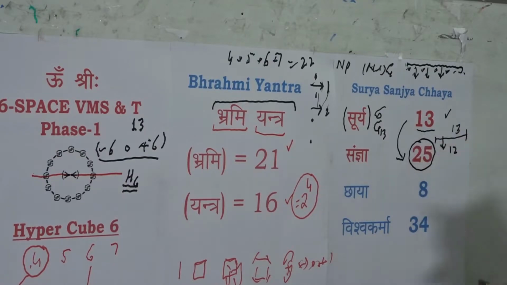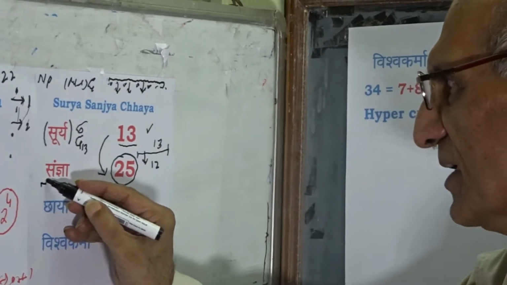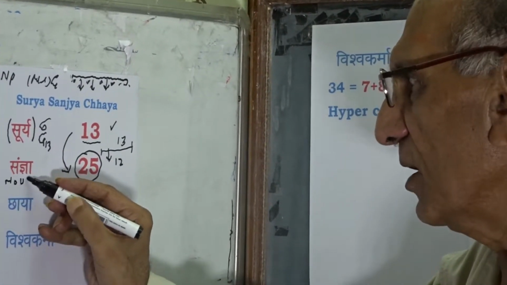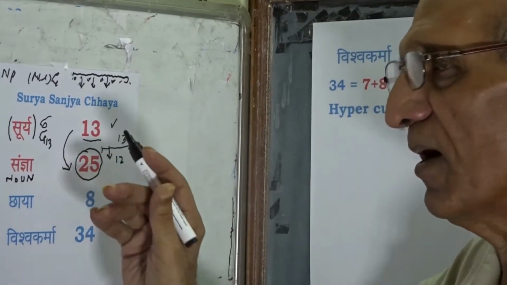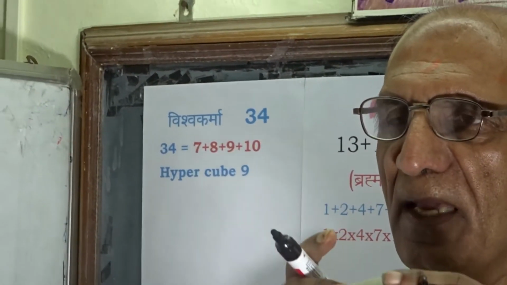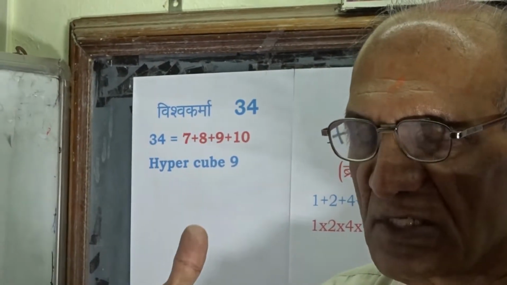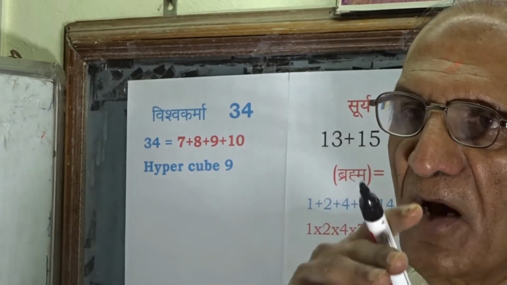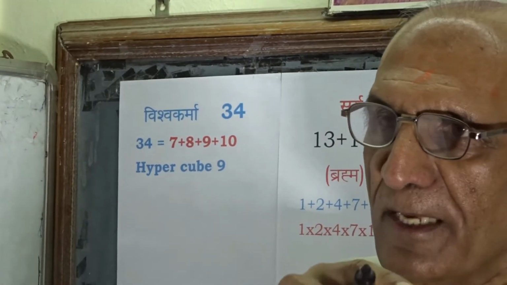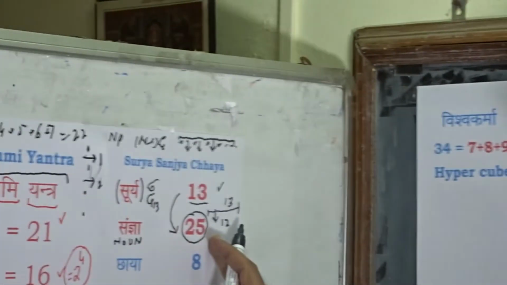It is this value 25 which makes a Sangya, means simple translation is noun. All the nouns, all the names which we can have in our solar universe, means of the 6 space body, those will be of value 25.